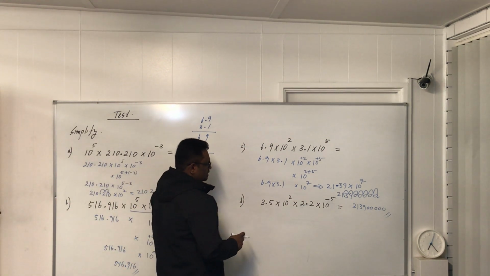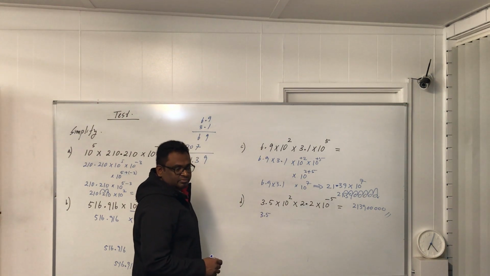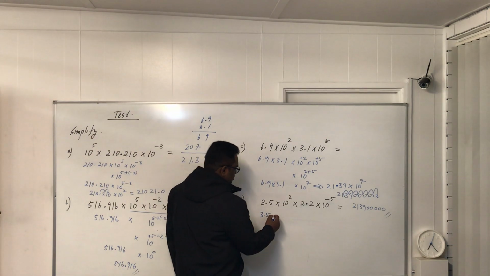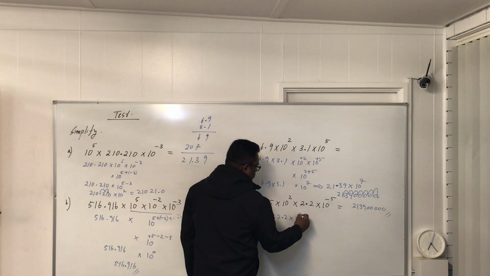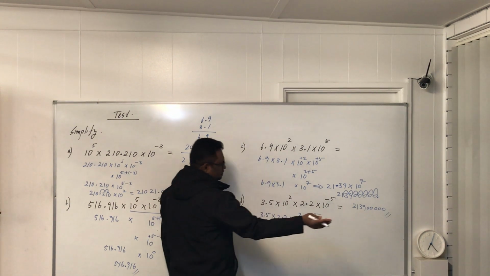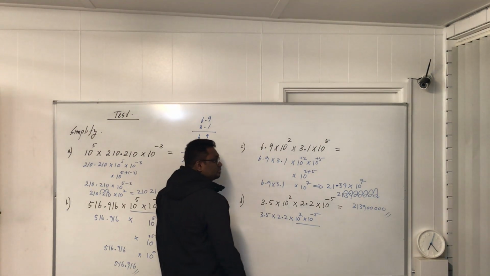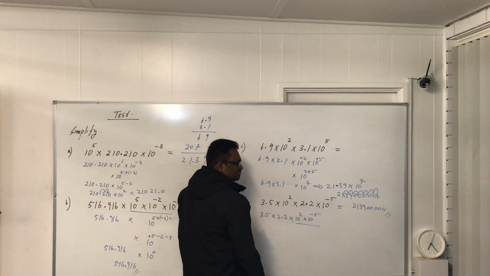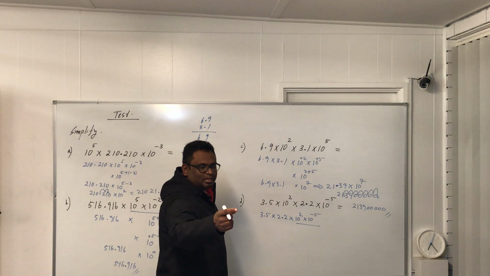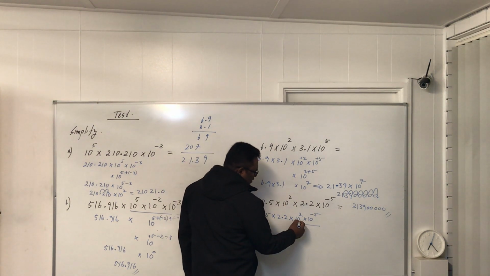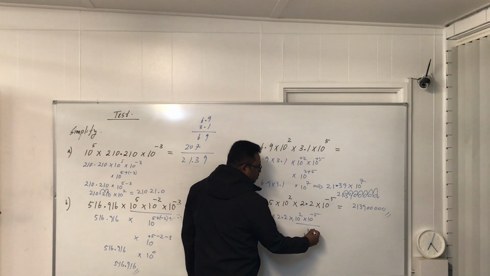Now here, guys, 3.5. Now I'm going to rearrange it. Times 2.2. So I'm going to put this one there. So 10^2 times 10^-5. All good? Amasha, look. Now you know you have to add, right? How do you add? 10^2, look, plus minus 5.